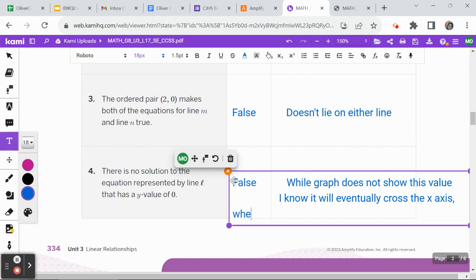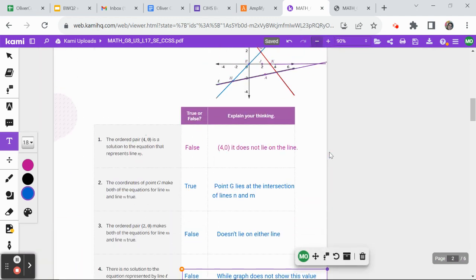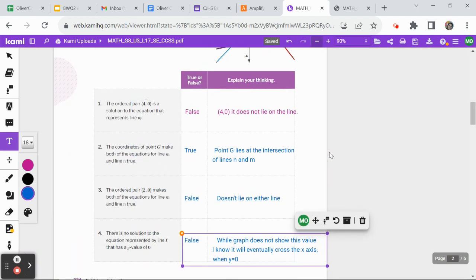And that's when y equals 0. So it's here. There we go. So it's all put on one side. If you need to pause and catch up with any of that, feel free to do so. Okay, so we had false, true, false, false.